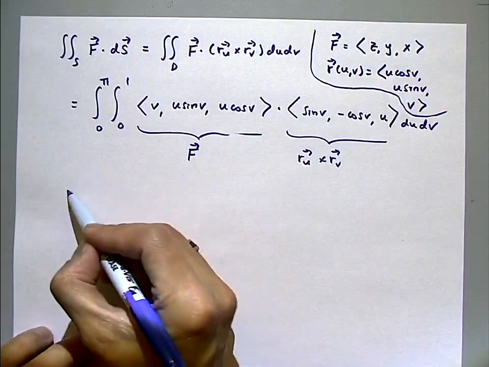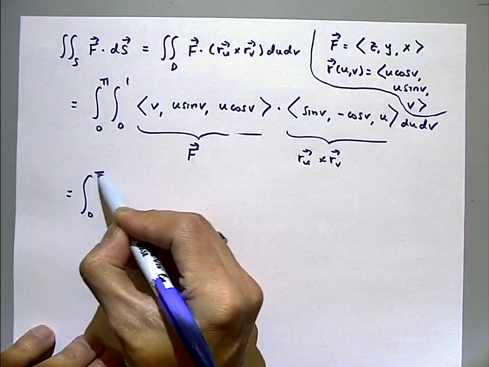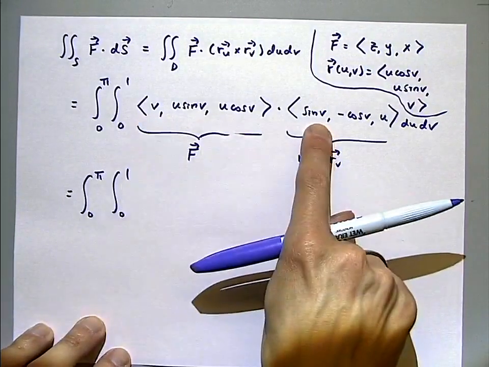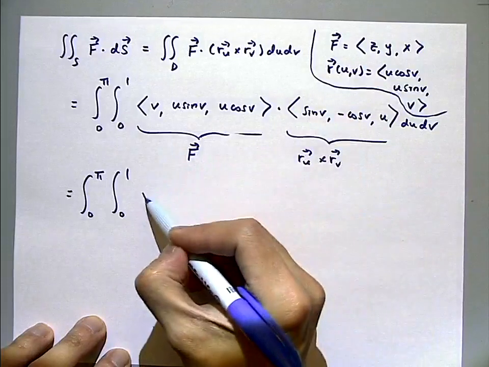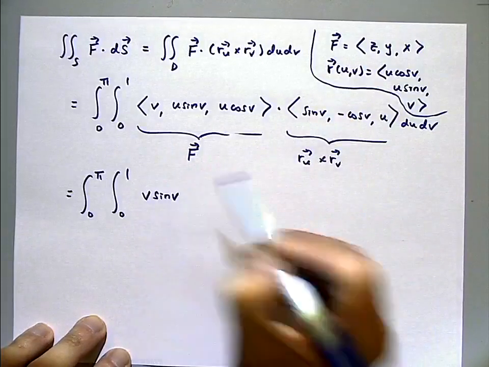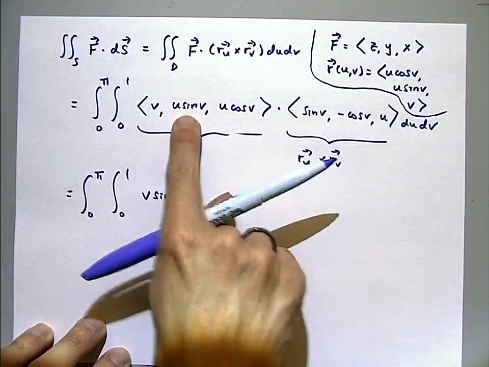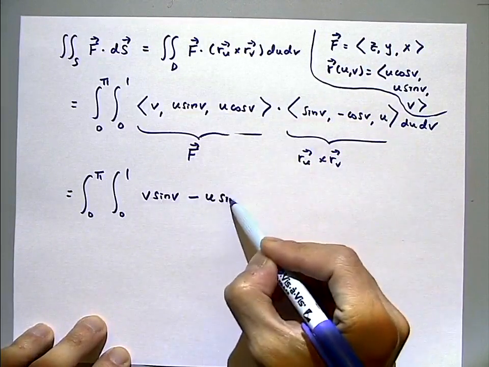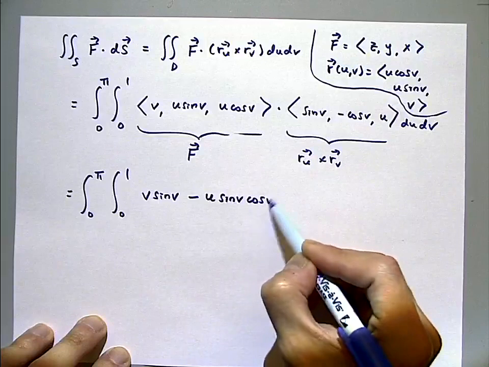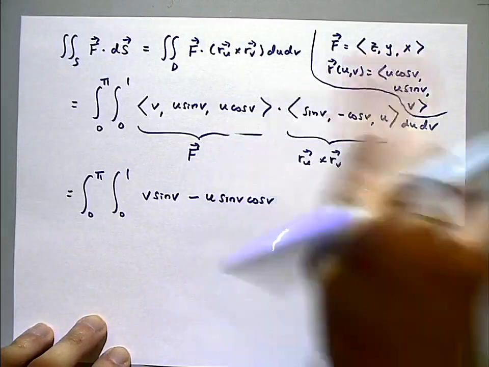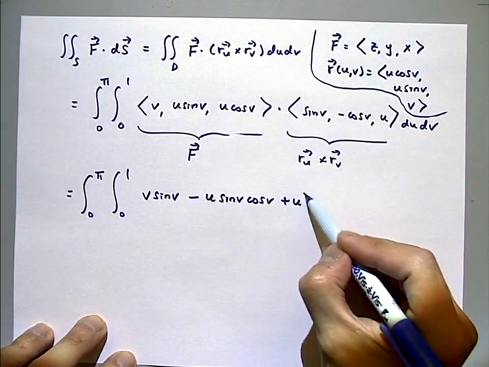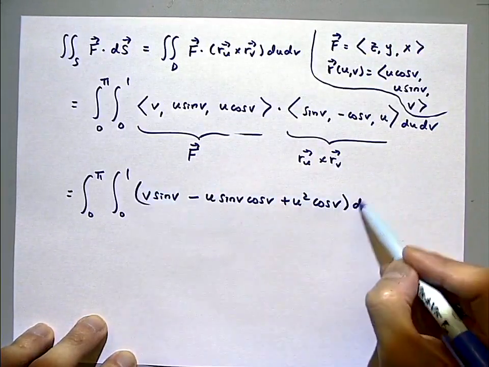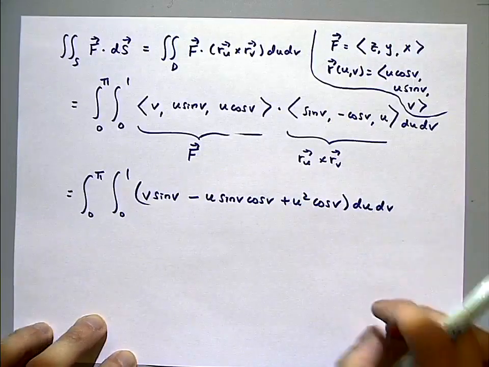The integral from 0 to pi, 0 to 1, of v sine v minus u sine v cosine v, plus u squared cosine v, du dv.